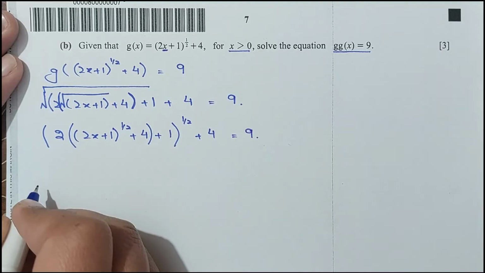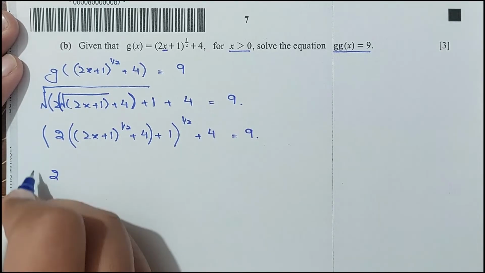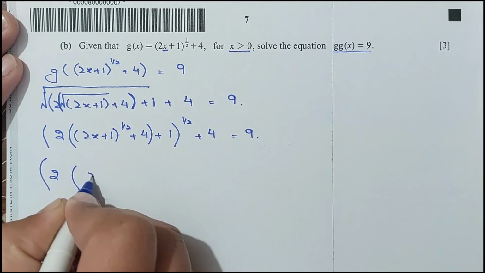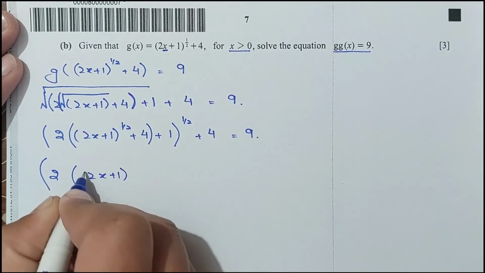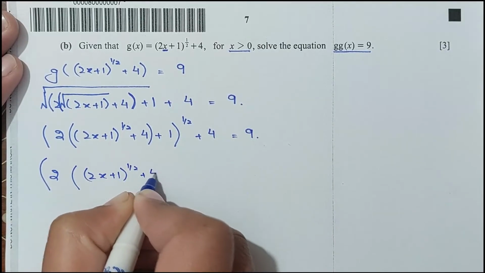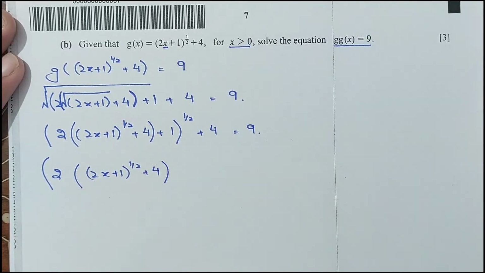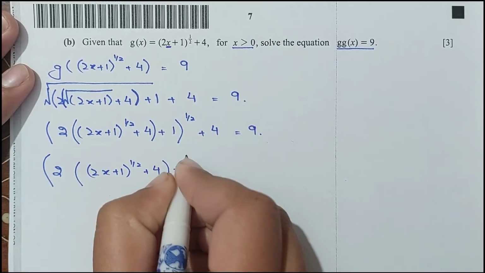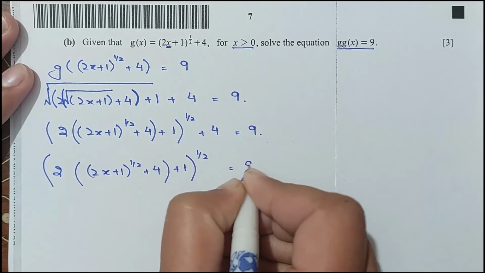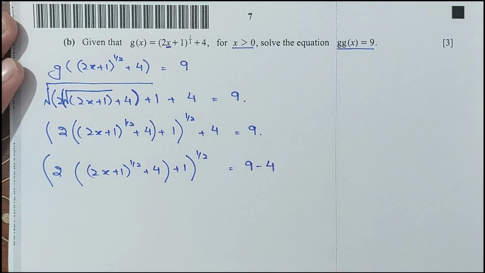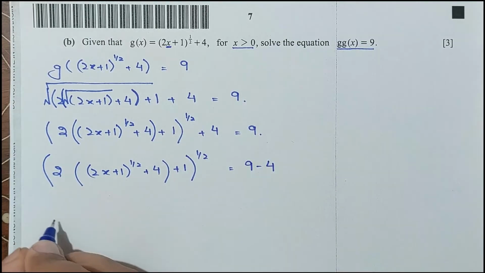All right, so we have 2 outside, 2x plus 1, power is 1 by 2 plus 4, and we have plus 1 by 2. This is 9 minus 4, 5, 6, 7, 8, 9, just 5 is left.